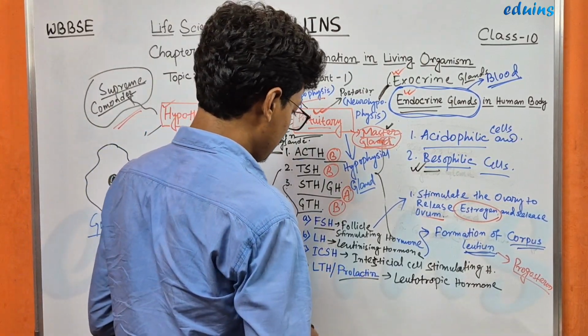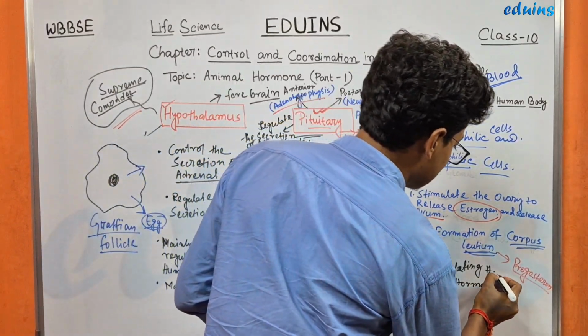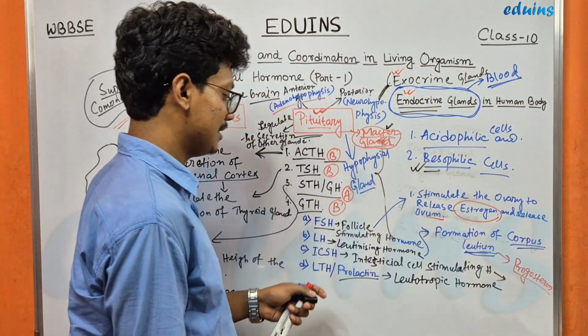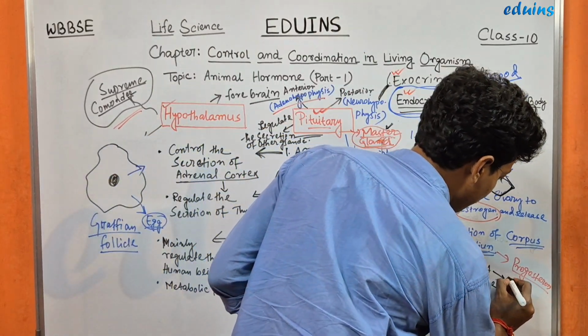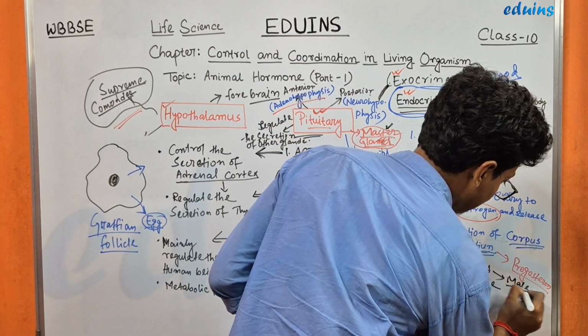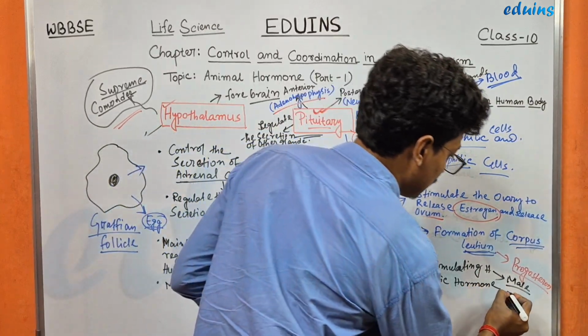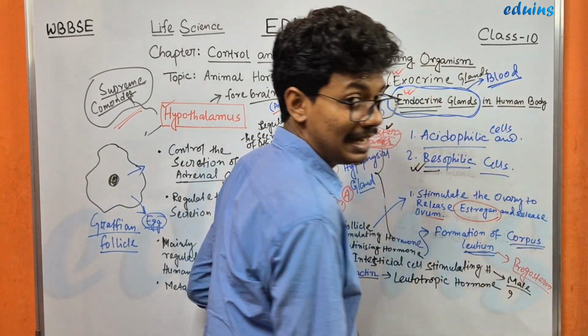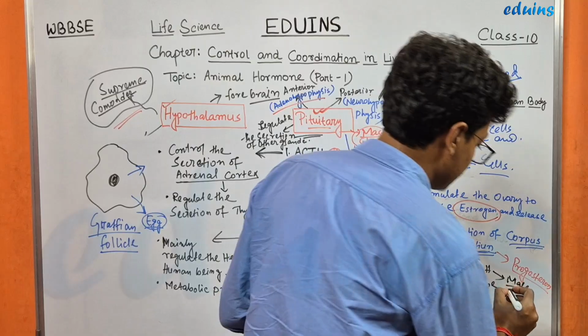The third one, that is ICSH, which is present in case of male, promotes the interstitial cells of Leydig which are present in the testis.